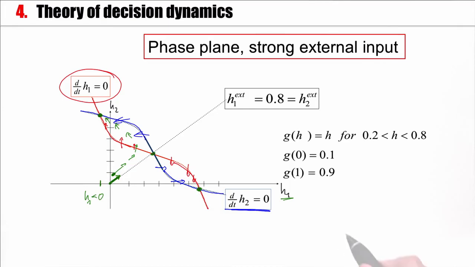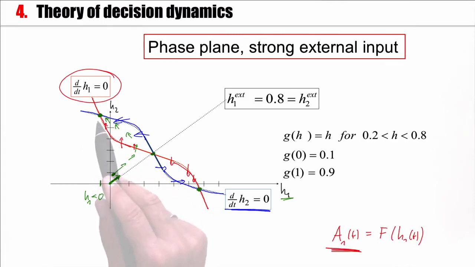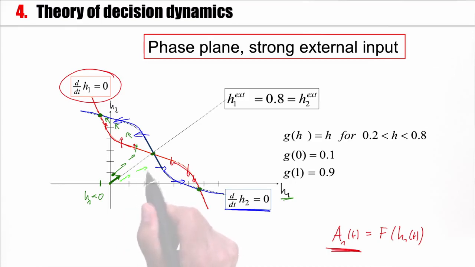But the activity of the first group at time t is just a function of h1 of t. So if h1 is 0, then the activity will be very close to 0. If h2 is big, then the activity of this second group will be very high. So this is a point where the activity of the second group is big and the activity of the first group is low. Now, if we follow a point starting here, it would look like this, and we end up at the other point where the activity of the first population is very high.